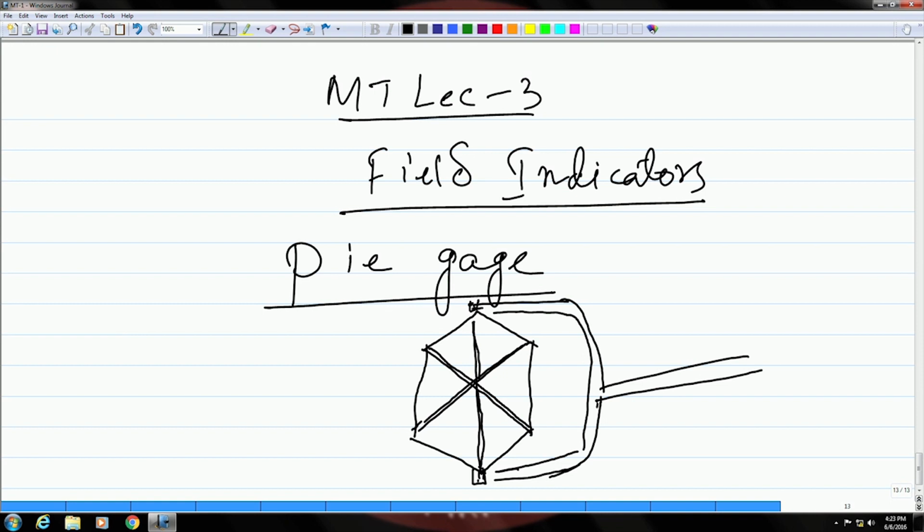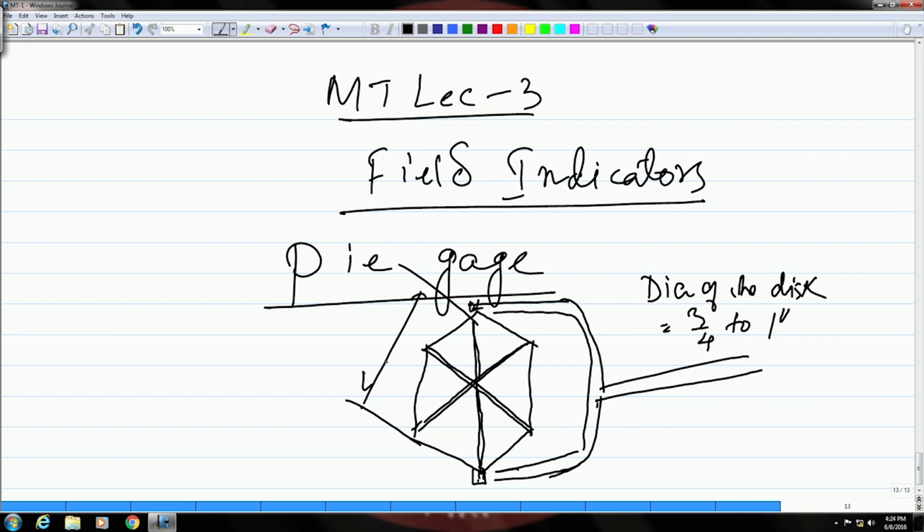If you look at the dimensions of this indicator, the diameter of this disc is around 3/4 to 1 inch, that is, around 19 to 25 mm.